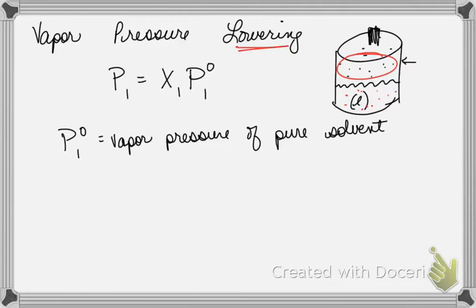So less of the solvent can vaporize. How many particles you have dissolved determines how much the vapor pressure lowers. So the more stuff dissolved, the lower it gets.